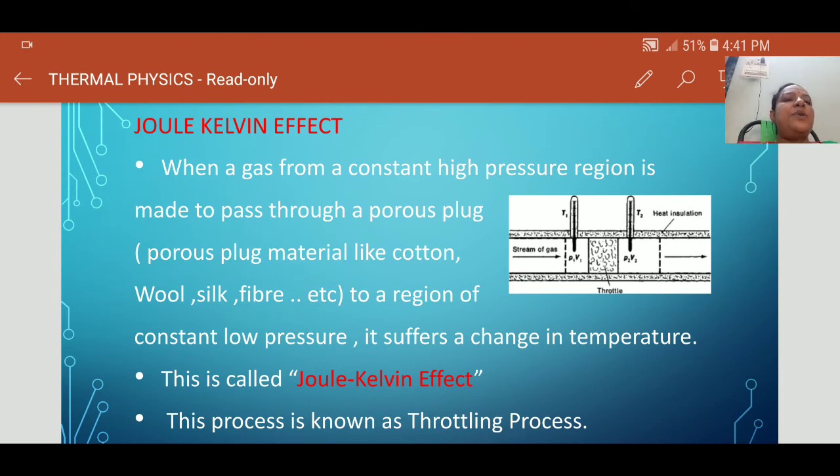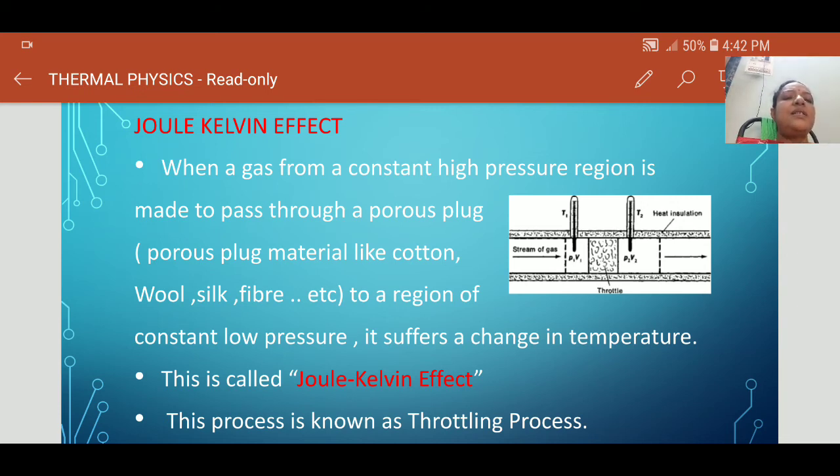What is the principle involved and what are the observations in this Joule Kelvin effect, the derivative part of the Joule Kelvin coefficient, and the calculation of the Joule Kelvin coefficient in the case of an ideal gas and a van der Waals gas.